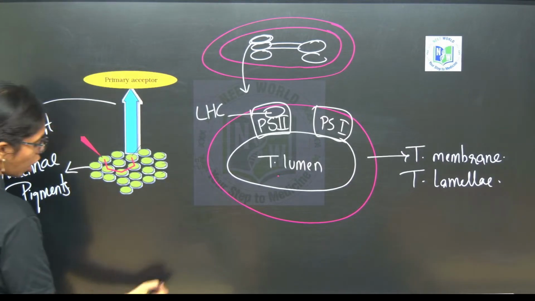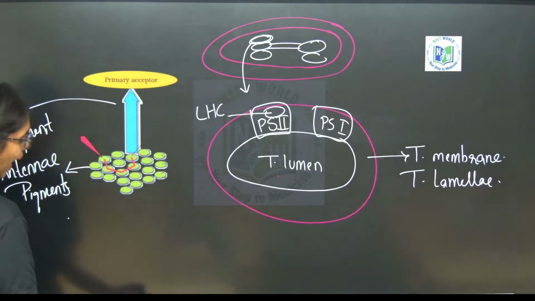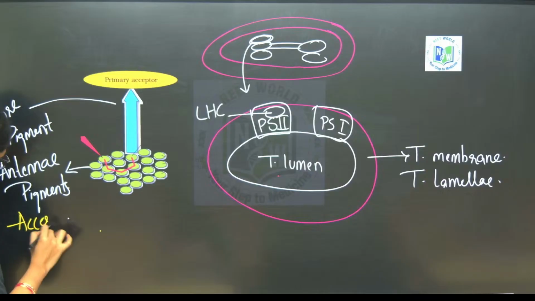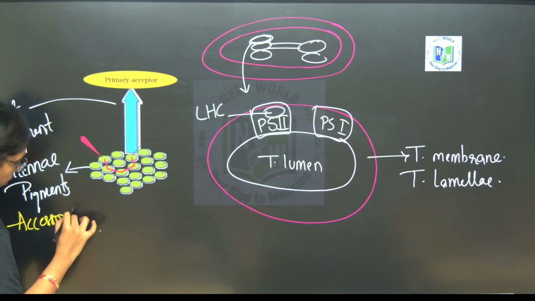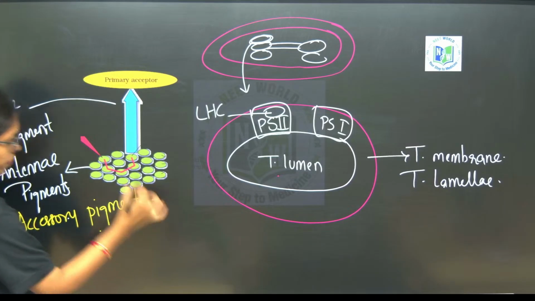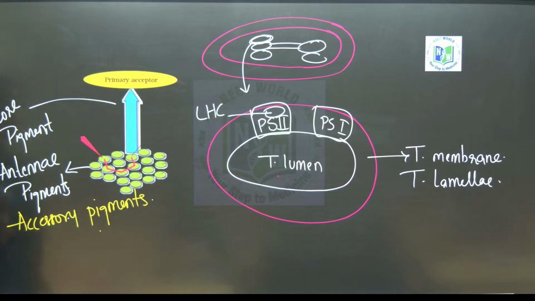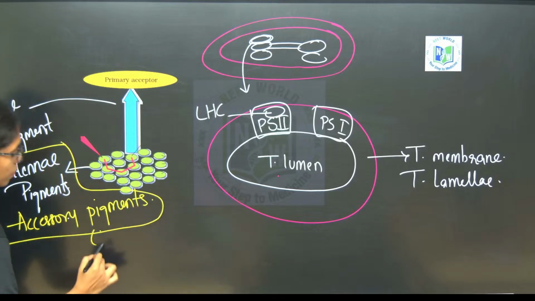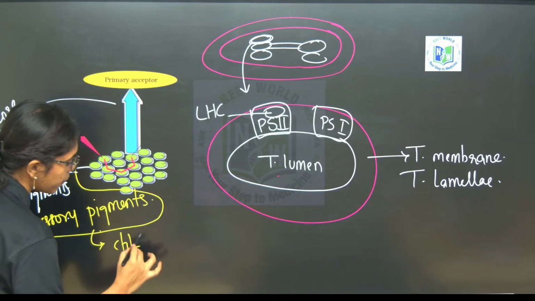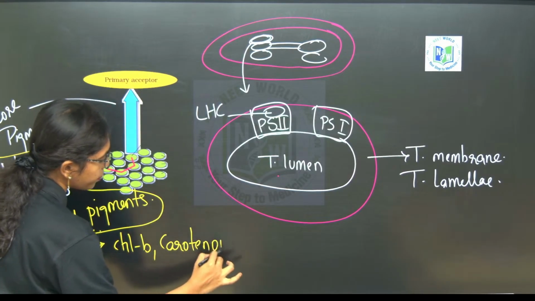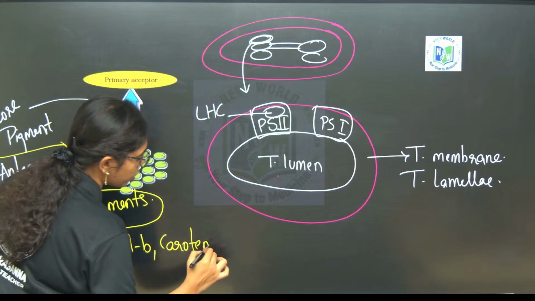Antenna pigments are also called accessory pigments. Fine. Antenna or accessory pigments include what? Chlorophyll B, carotenoids and xanthophylls.